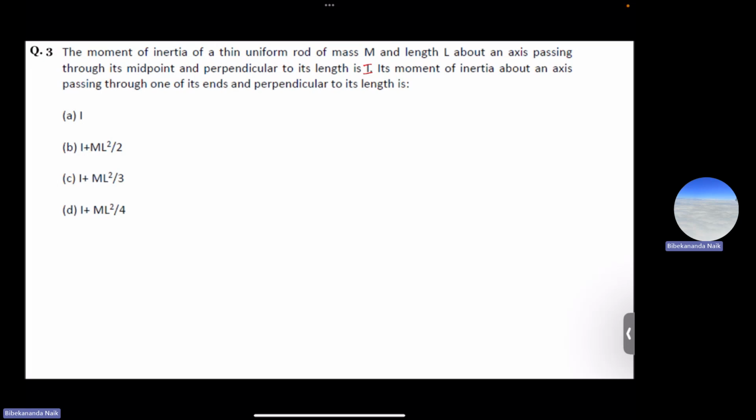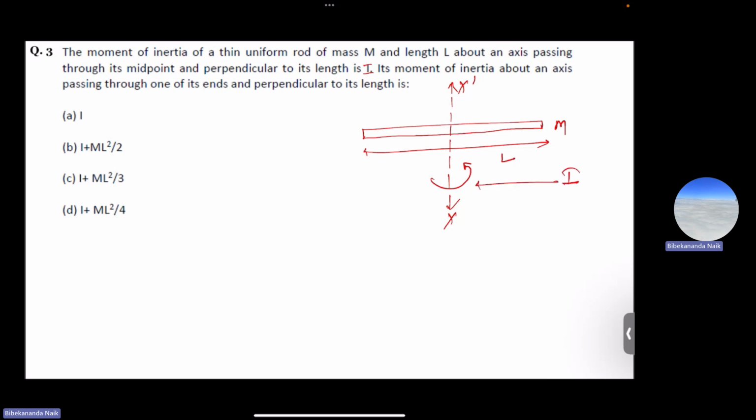So here there are again two conditions given. Suppose this is a rod, and the mass of the rod is m and the length of the rod is L. The moment of inertia about an axis passing through its midpoint and perpendicular to its length: suppose this is the axis x prime, and the moment of inertia about this axis is I. Now we need to find the moment of inertia about an axis passing through one of its ends and perpendicular to its length.